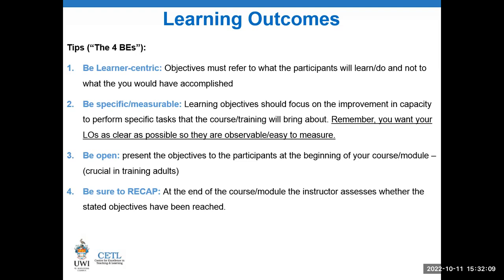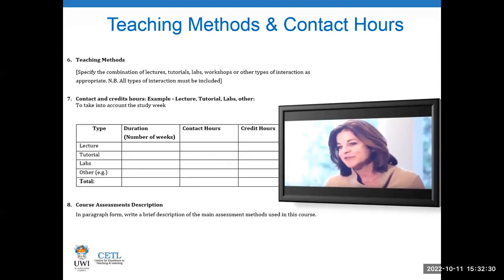Be open. When you're presenting the learning outcomes to participants, they need to know what they need to accomplish so they could pace. There's a whole bunch of literature and research on that, and that helps with motivation as they go through the learning process. And always be sure to recap the learning objectives once you've accomplished them.